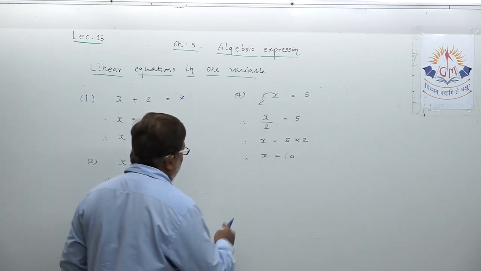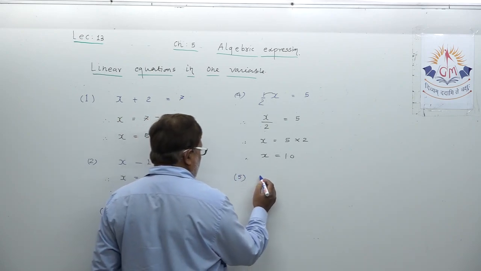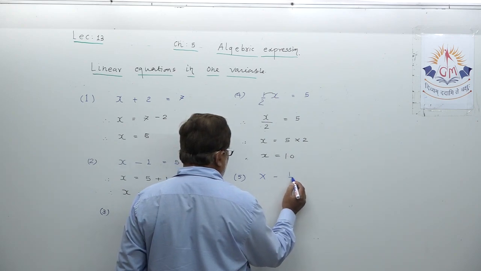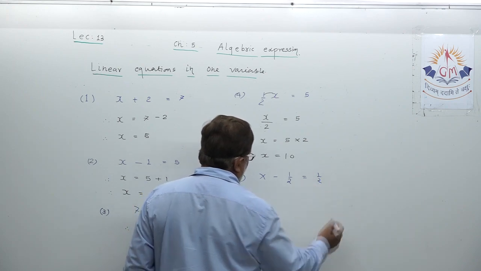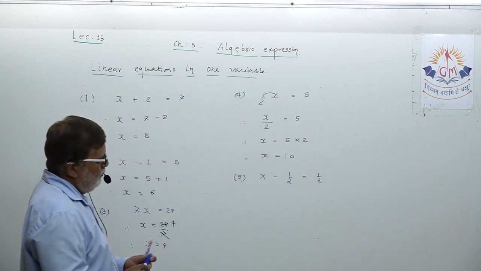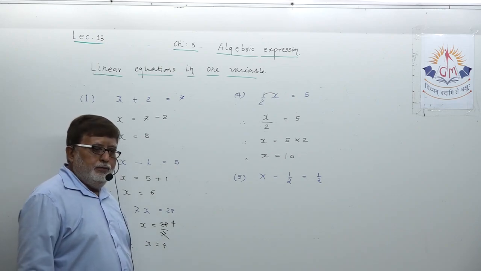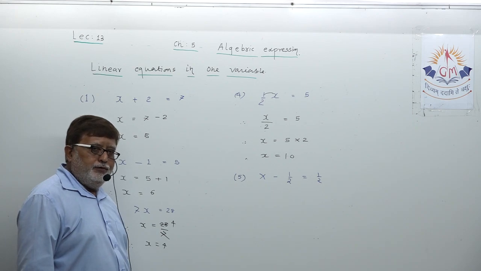One more, suppose x minus 1 upon 2 equals to 1 upon 2. How will you solve this linear equation?